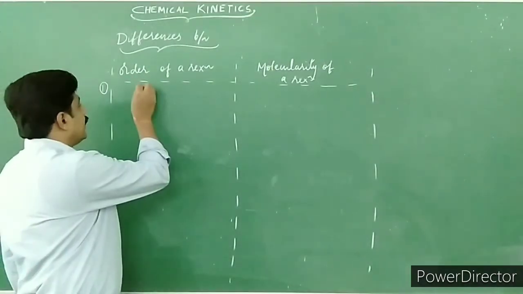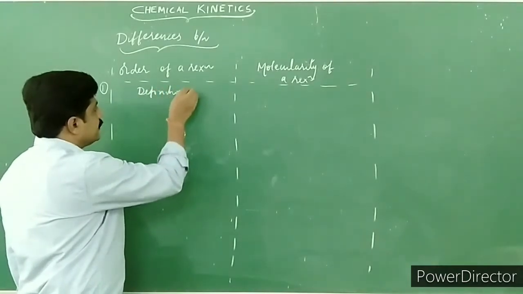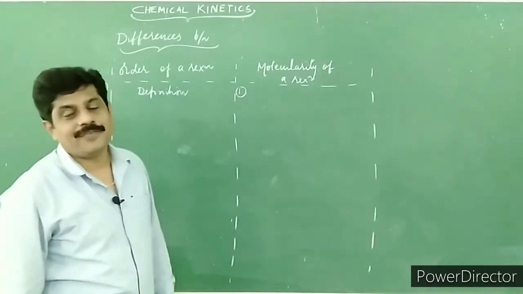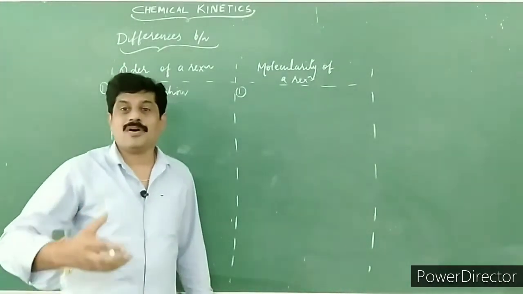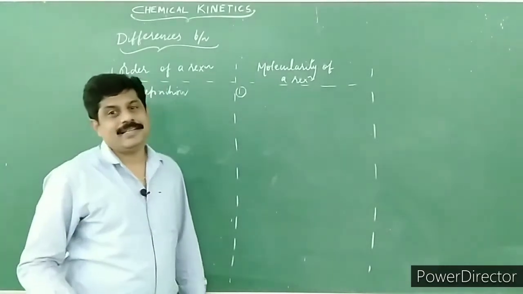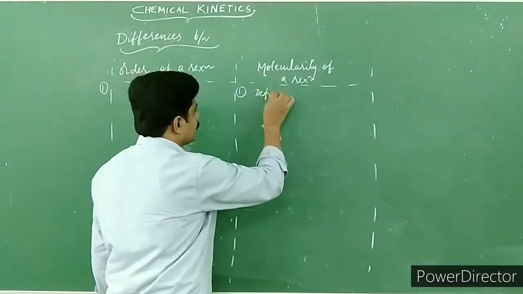So I write here, definition. Other side also definition. What is molecularity of a reaction? Children, molecularity of a reaction is nothing but the number of molecules that must collide simultaneously in a chemical reaction. So here also definition, all good.